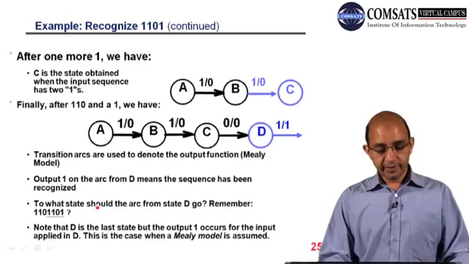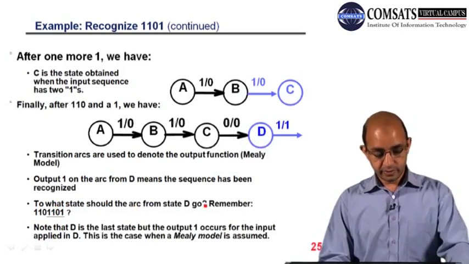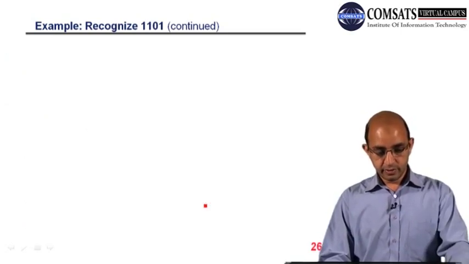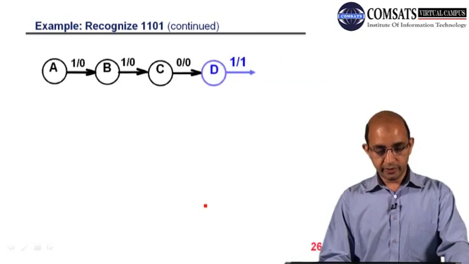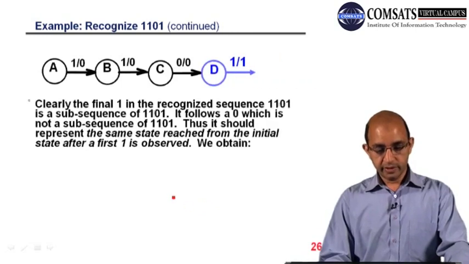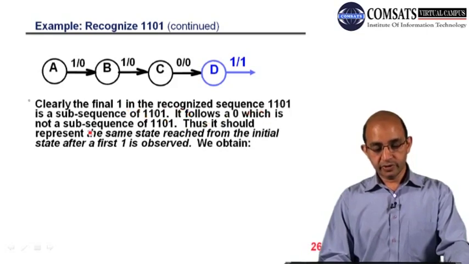There are a few points which we have to take into account. You can see that we have this combination, a subsequence of 1 1 0 1, the final one, and 0, which is not a subsequence of 1 1 0 1.